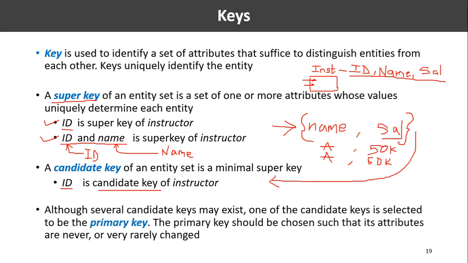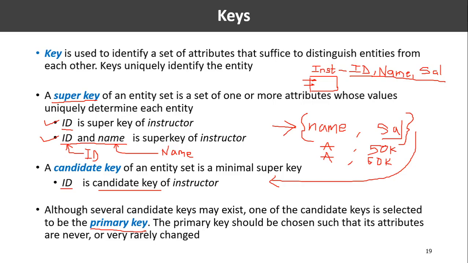Now let us look at the concept of primary key. Although we have several candidate keys for an entity set, one of the candidate keys is selected and designated as the primary key. So out of several candidate keys, we pick one candidate key and designate it as the primary key.